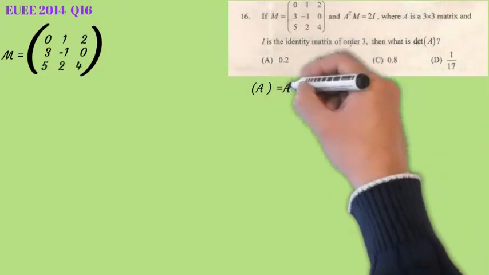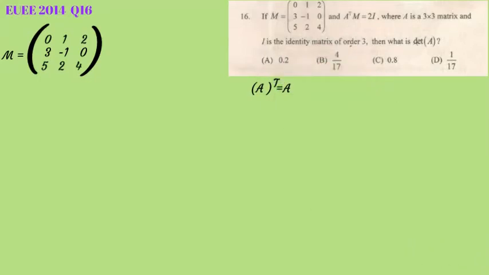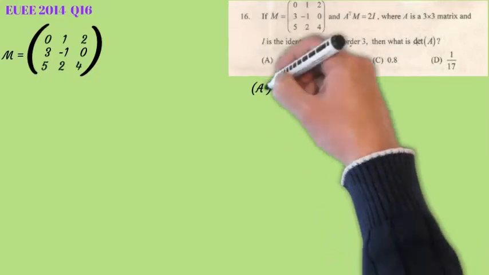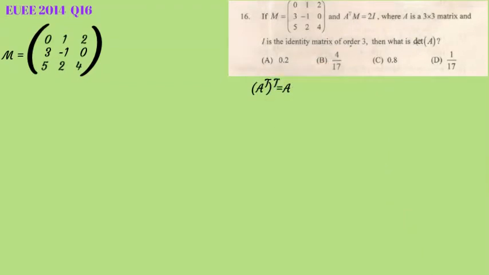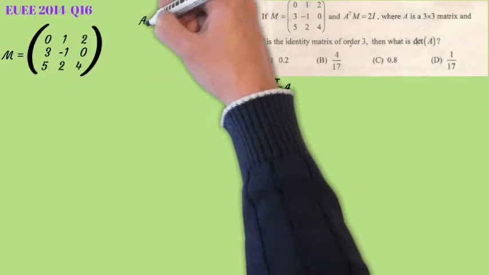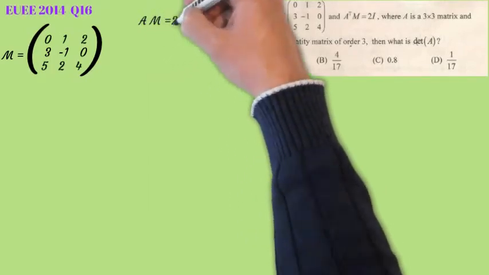So usually what we have to remember here is the transpose of A, then transpose again, should give you back the actual matrix. When we say identity matrix, it is a 3 by 3 because this is a 3 by 3 matrix.